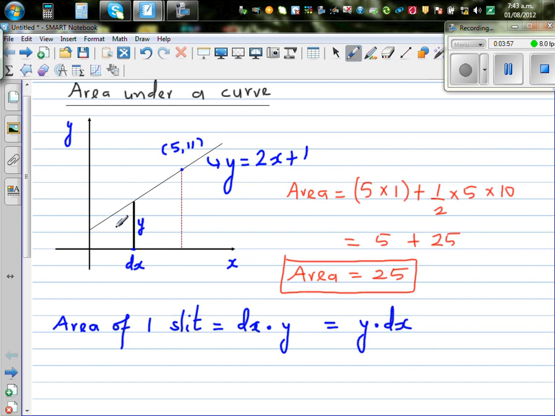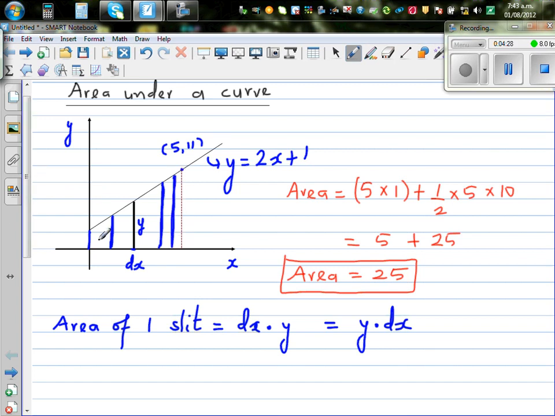Okay, now the concept is this simple. If you want to find the area of this trapezium, you have infinitesimally small slits like this. You have an infinitesimally small slit here, and an infinitesimally small slit here. Imagine if you can add all these infinitesimally small rectangles. If you add all these infinitesimally small rectangles, that would be equal to the area under the curve.